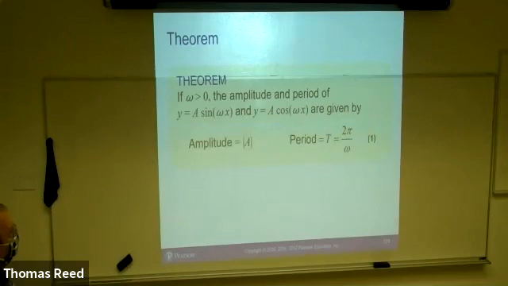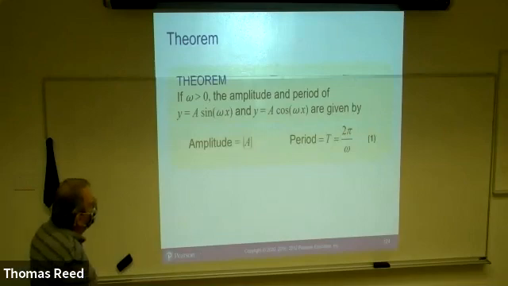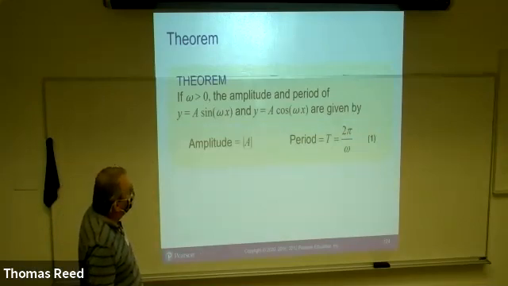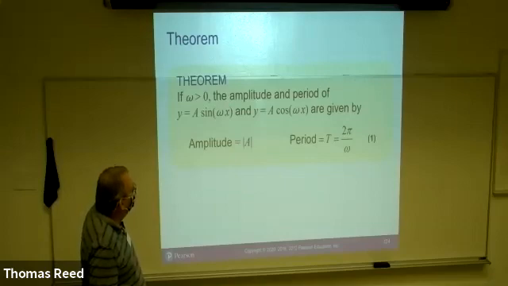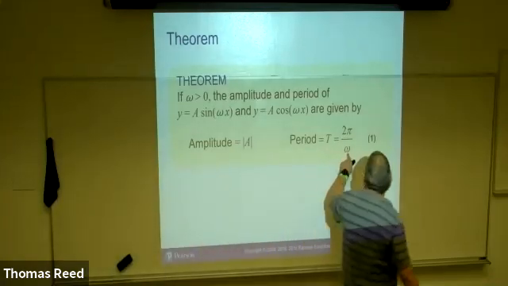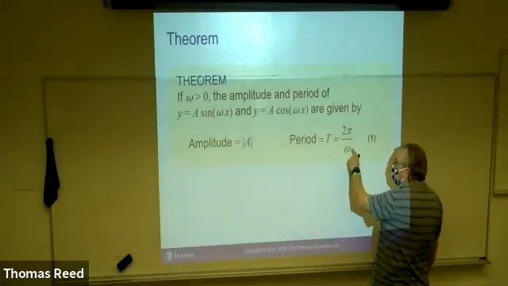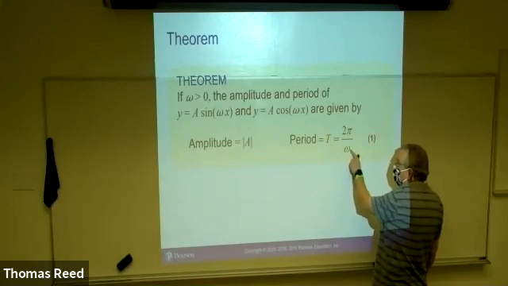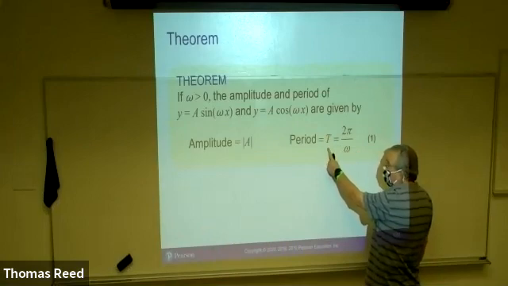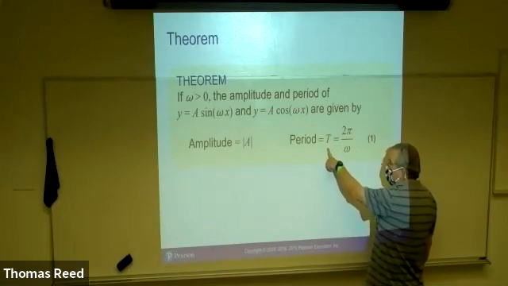Okay. If omega is greater than 0, the amplitude and period. So the period is 2 pi divided by omega, so whatever omega is, you divide 2 pi by it, and it gives you the period, which I use the letter T for.